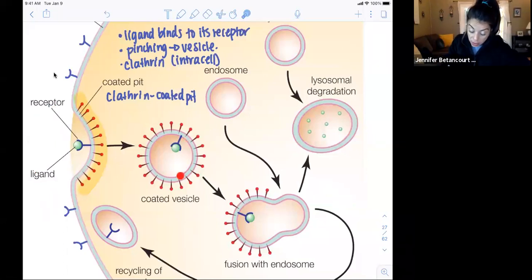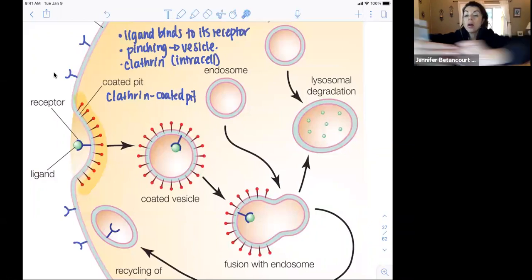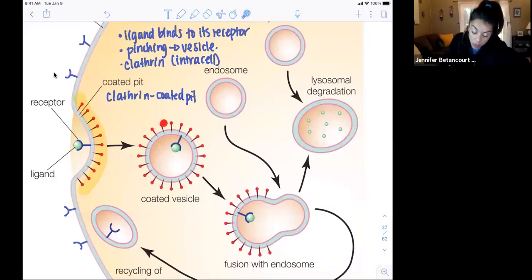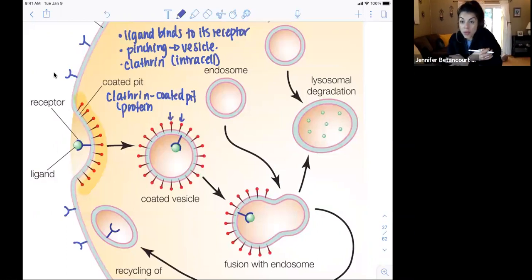And now this vesicle, instead of these being on the inside, because of the way they've hugged the neurotransmitter or the ligand, now these clathrin molecules are on the outside. So clathrin is a type of protein. Okay, these are all clathrin molecules. And then you have your ligand secure inside the bubble.